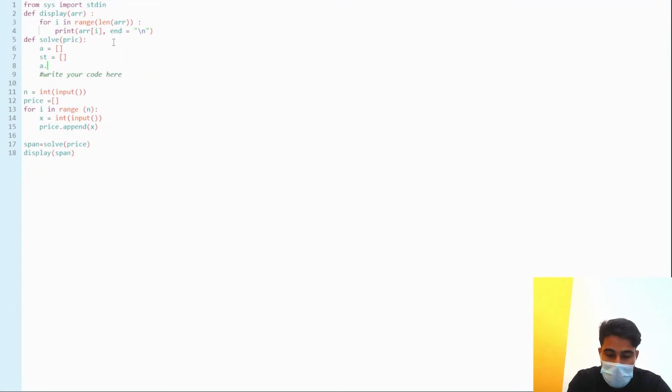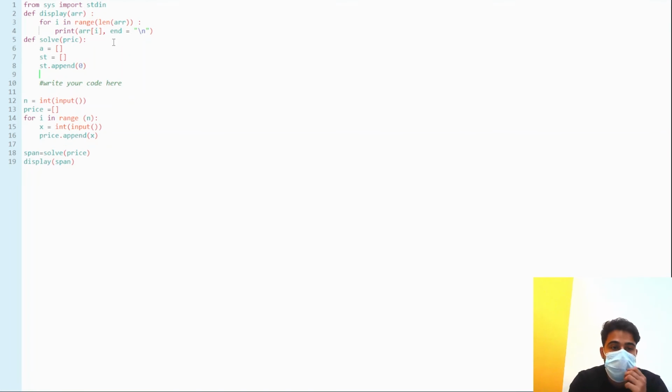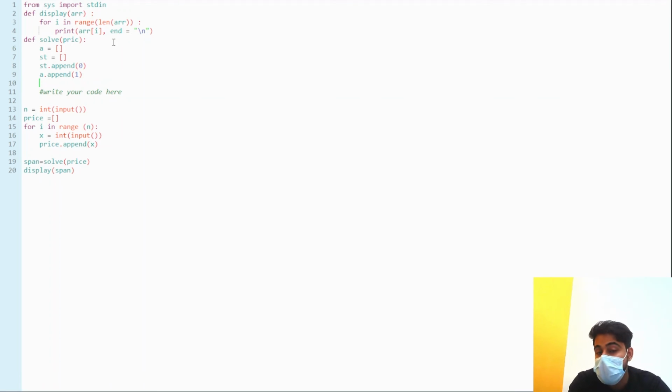Now let me append some values to my stack. The first value will be the index of the 0th element, that is 0. Similarly, for that element, let me add some value to my answer, and it will be nothing but 1, because we know that the 0th element's stock span is 1.